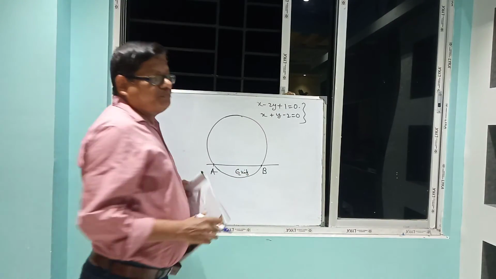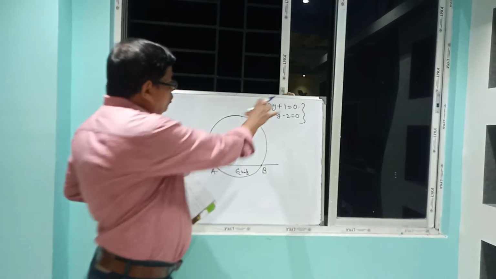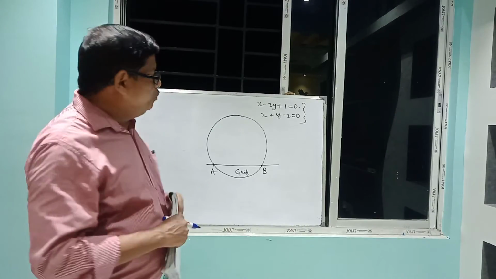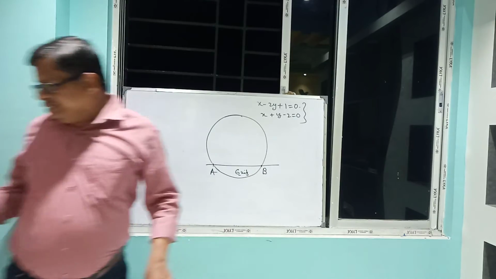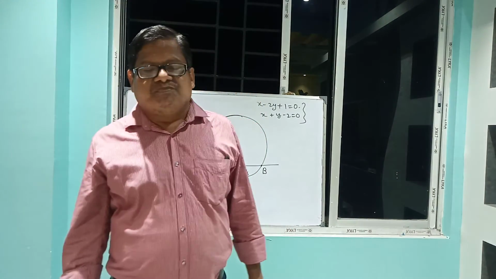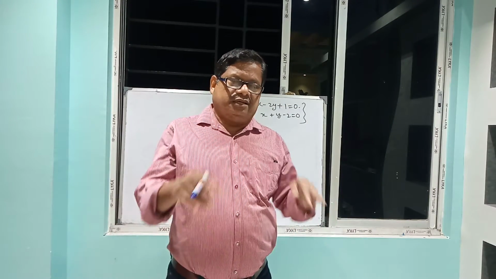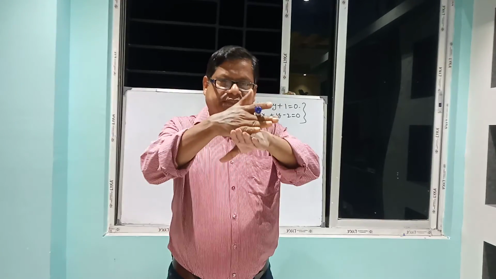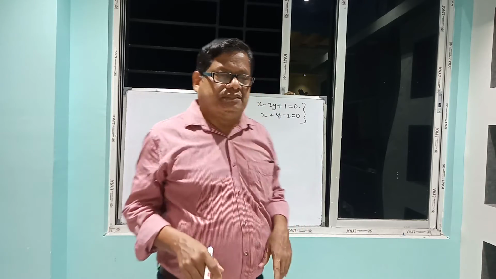First find out the center. These are equations of diameters. If we solve these two equations, we will get the center. A diameter always passes through the center. Understood? They intersect each other, and this point is known as the center.